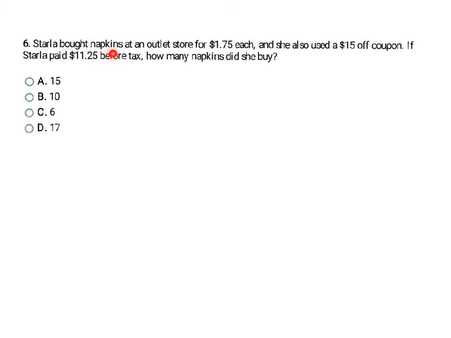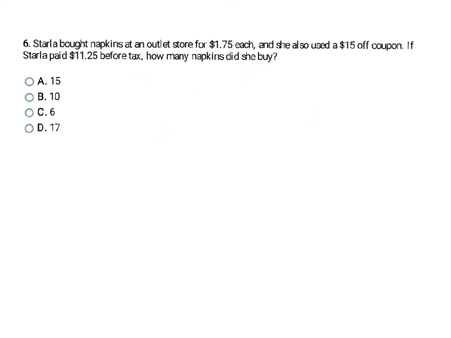Next question says, Starla bought napkins at an Atlas store for $1.75 each. She also used a $15 off coupon. If Starla paid $11.25 before tax, how many napkins did she buy? Well, this one you kind of have to work backwards.